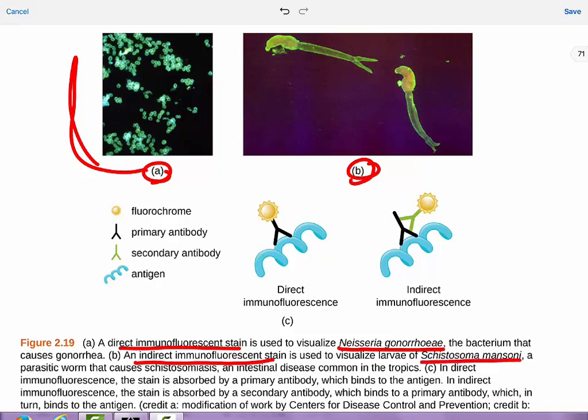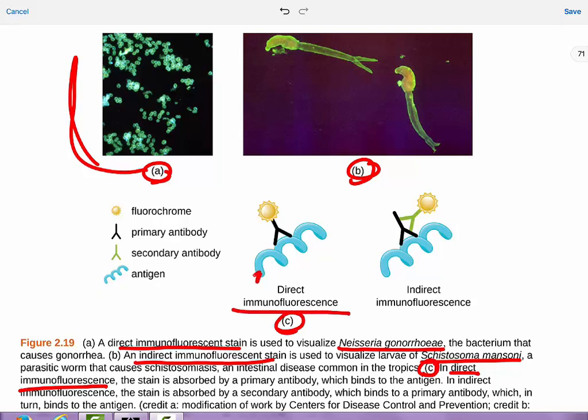It's a parasitic worm that causes schistosomiasis, an intestinal disease common in the tropics. So here, C, an indirect immunofluorescence, the stain is absorbed by the primary antibodies. So here's C, direct immunofluorescence.